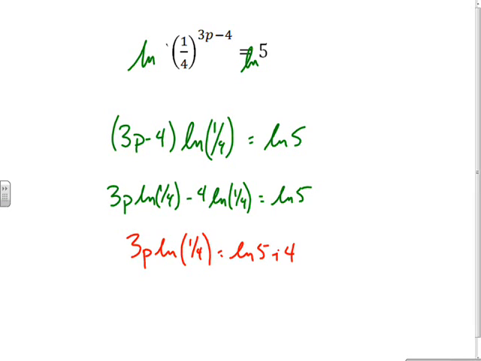Quick thought that some of you might be having. If you broke down natural log of 1/4 into natural log of 1 minus natural log of 4, the natural log of 1 would turn into a 0, which could potentially make some of this a lot simpler.